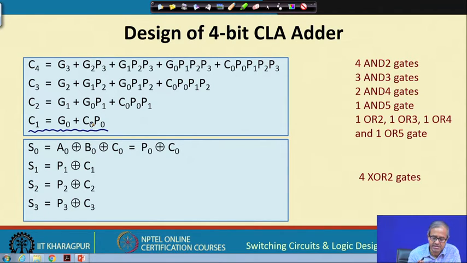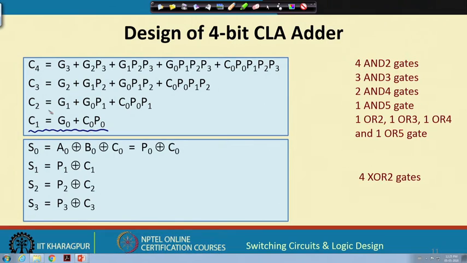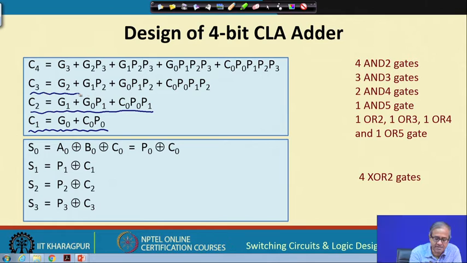C0 is already there, you already know the carry input. C0 is the carry input of the first stage, and C0 and all the AB inputs are given to you. So, C1 you can generate directly using this equation. Now, C2, if you apply that previous expansion, will be like this. This you can verify. C3 will be like this and C4 will be like this.